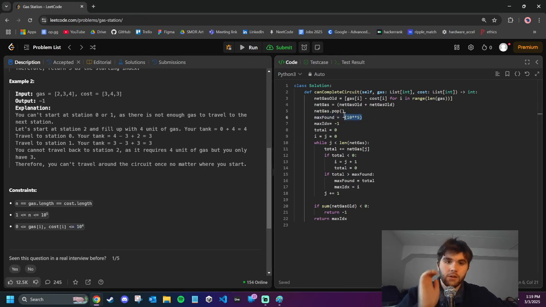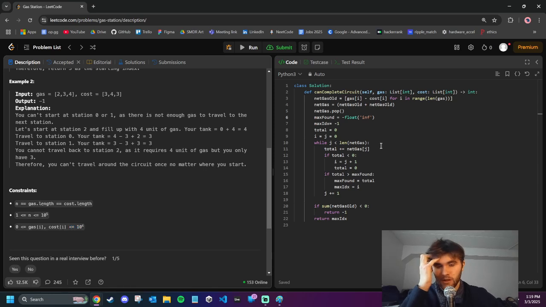I think you might actually need infinity because you could have just a bunch of negatives. Like if you have 0 for every gas and you have negative, or no, if you have 0 for every gas and 10 to the negative 4 for every, I don't know, but that shouldn't matter.